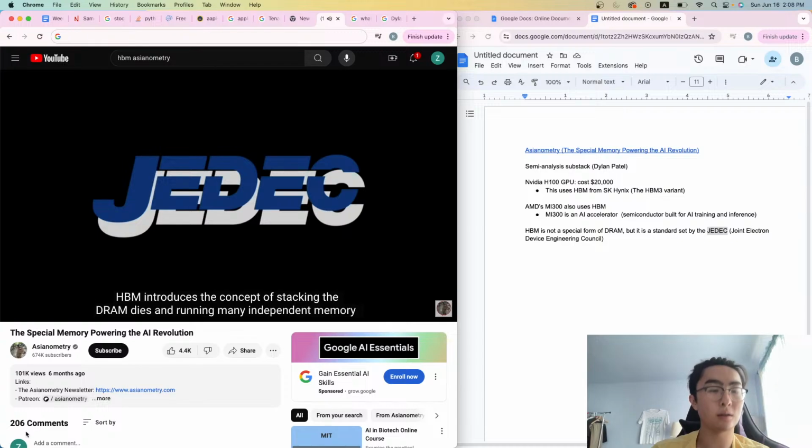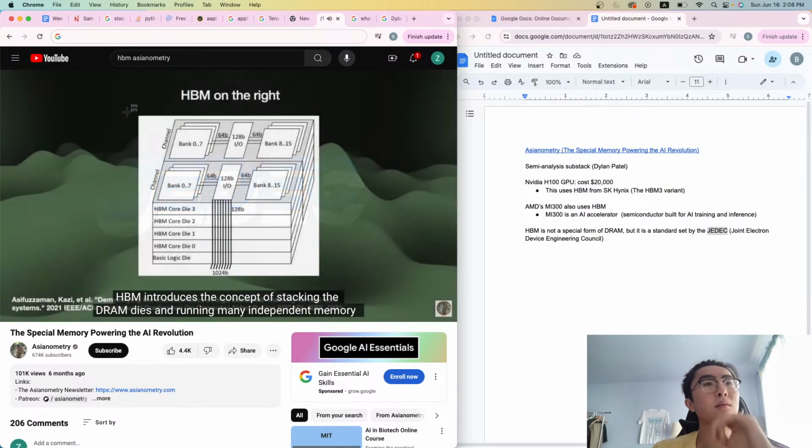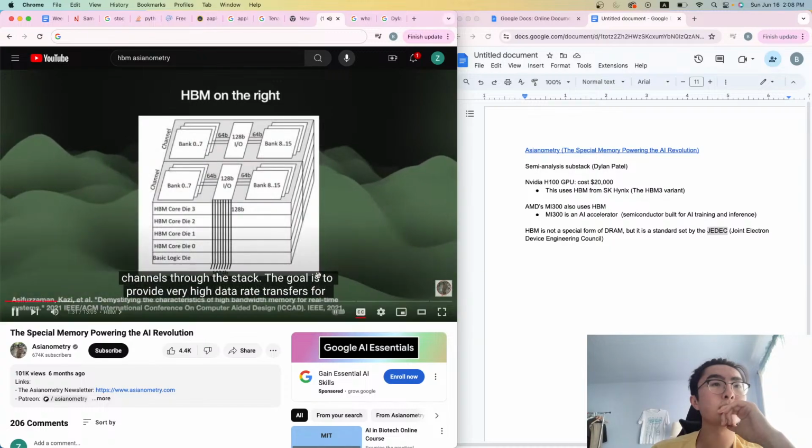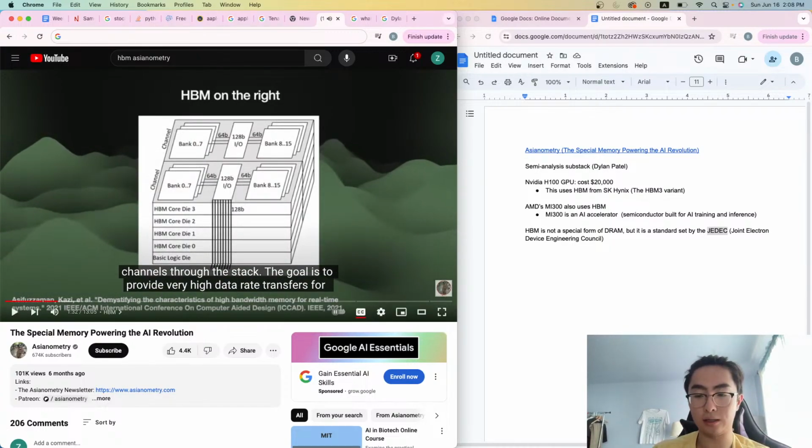Okay, interesting. HBM introduces the concept of stacking the DRAM dies and running many independent memory channels through the stack. I'm not too sure what a DRAM die is.